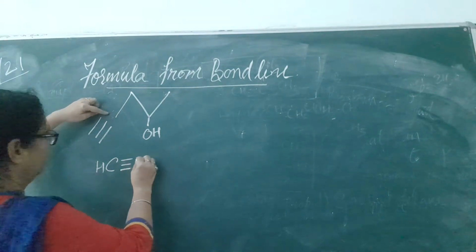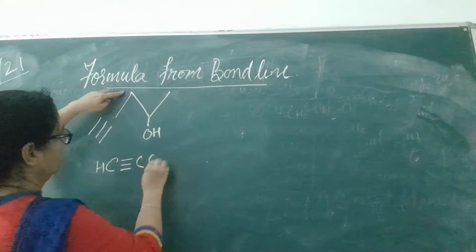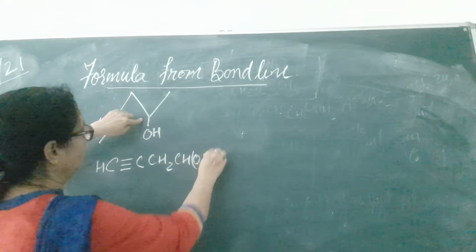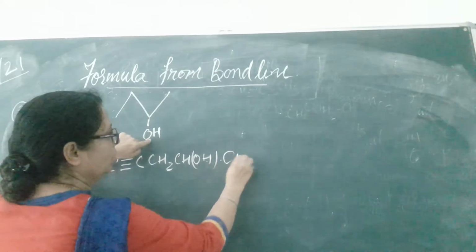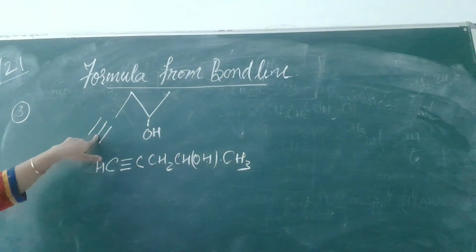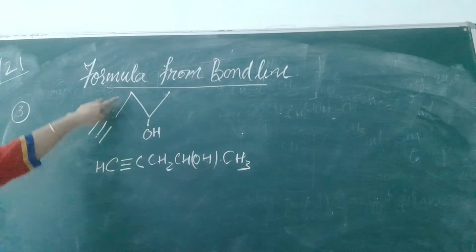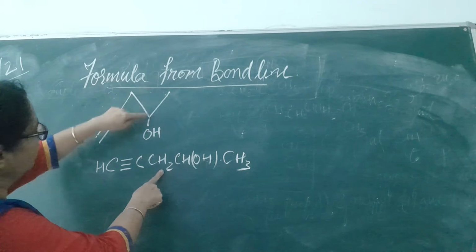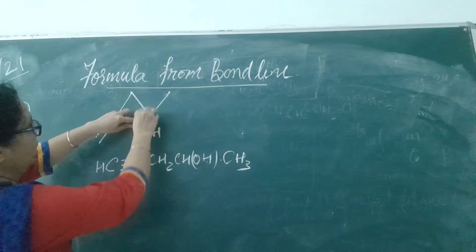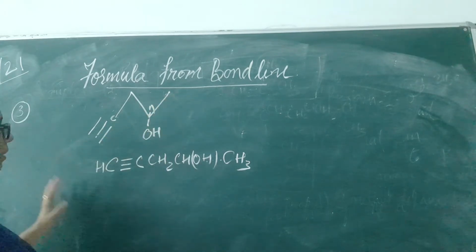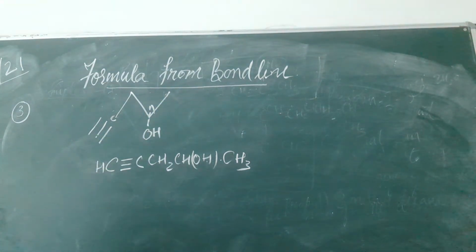Then this comes here with CH2. Again CHOH, as this carbon has an OH group attached, and the terminal end is CH3. In this way the third example can be done.